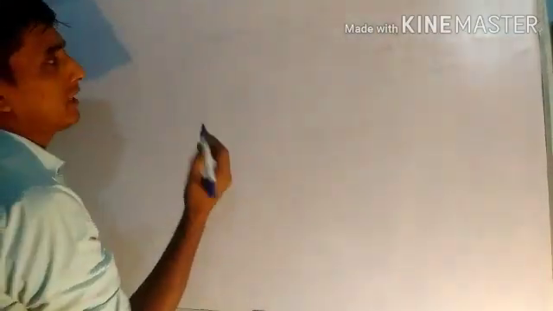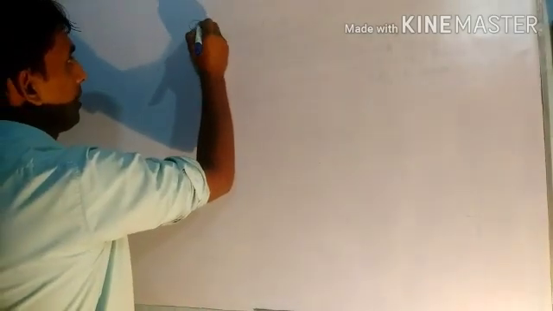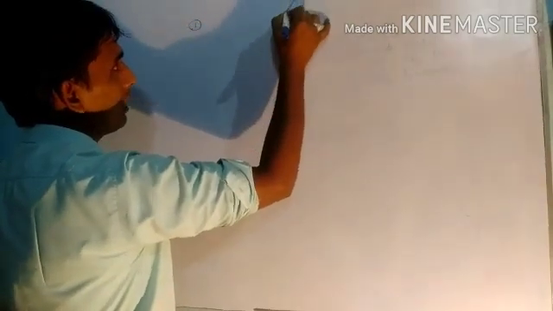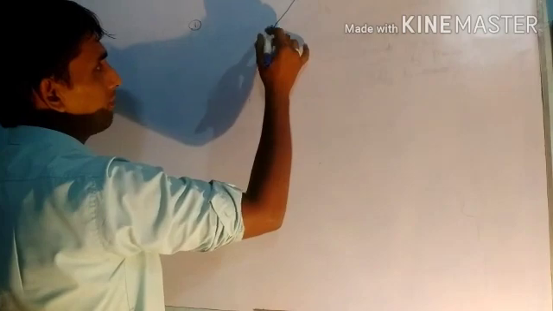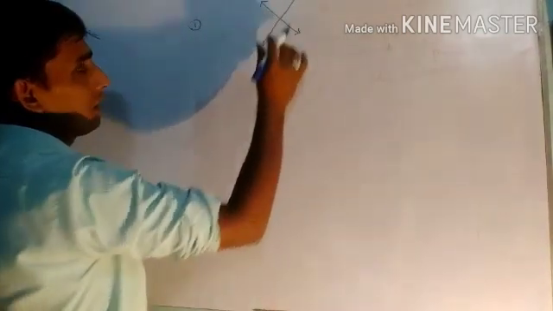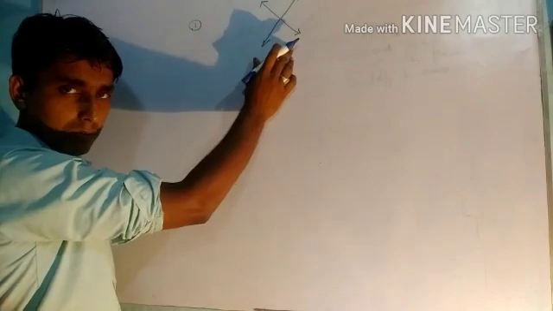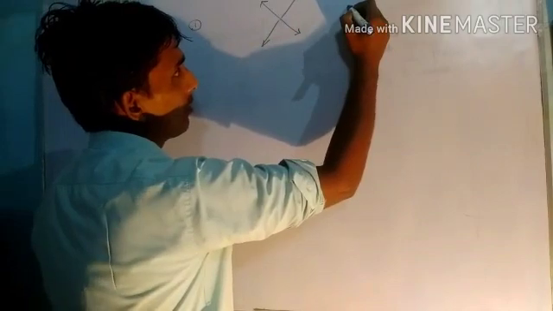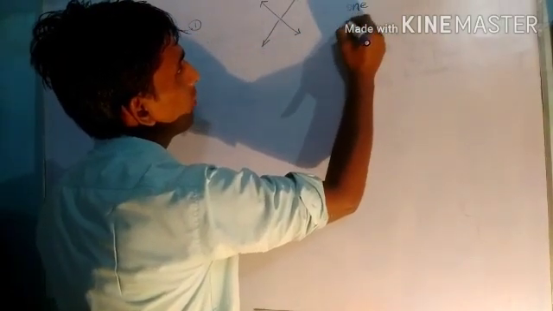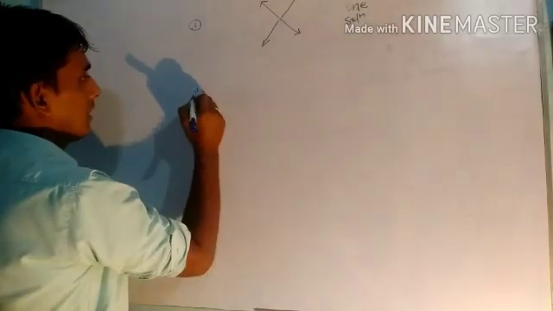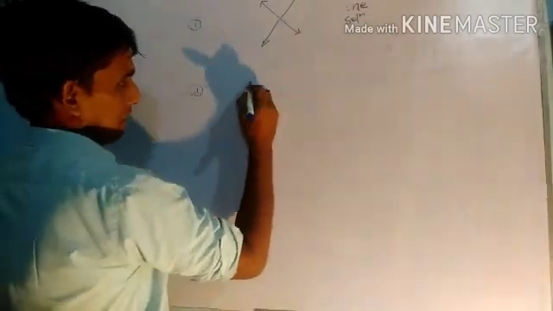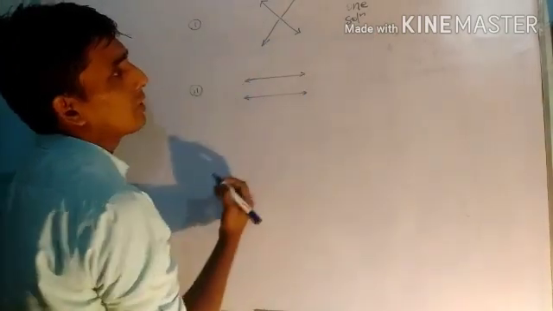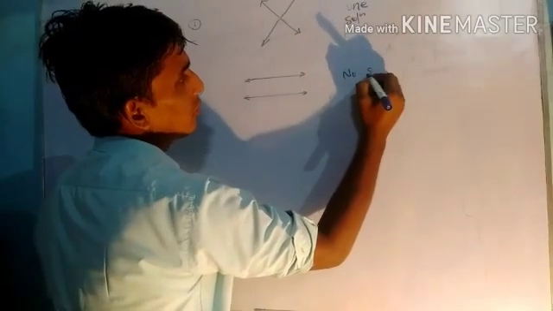Suppose we have a pair of linear equations. If the graphs of both the linear equations are cutting somewhere, if they are crossing somewhere, then it means one solution. If the graphs of both the linear equations are going parallel to each other, then it means no solution.